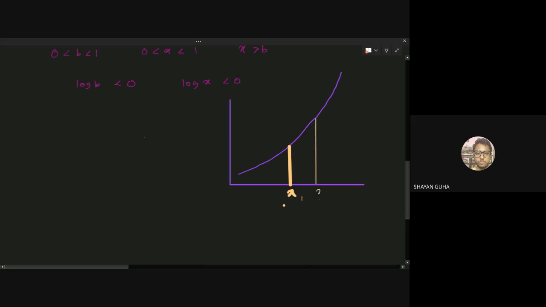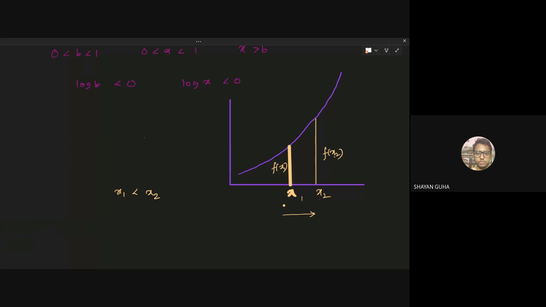Let's take x2. Now along the number line, as we move from left to right, the value of x increases. So by that logic, x1 is obviously less than x2. And this height is nothing but f of x1, and this height is f of x2.